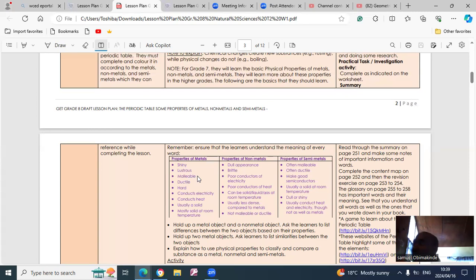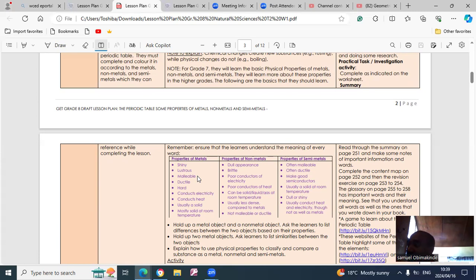For example, this container is made of metal, right? I may decide to change the shape of this container. So I can beat it, I can apply pressure. And if I apply pressure, for example, using a hammer, I can convert this shape into something else. So in a way, that is what malleability means, being able to beat the substance into different shapes.